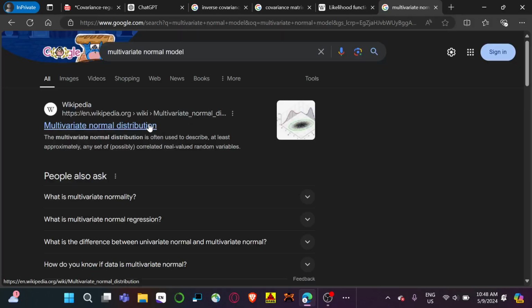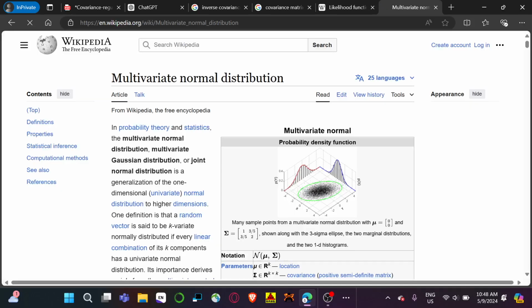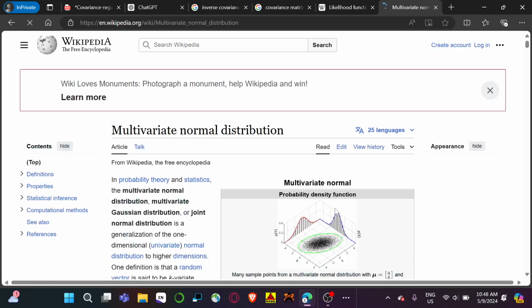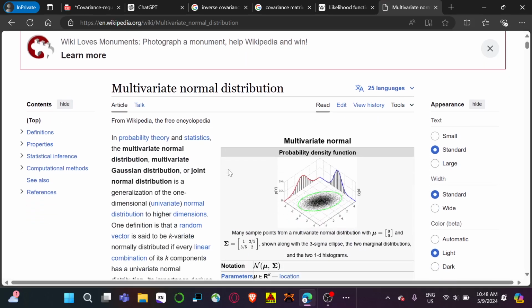Okay, so a multivariate normal model, I would assume, has to do with the multivariate normal distribution, which looks something like this. If you imagine a Gaussian distribution, but in more than one dimension, that's what you get, a multivariate normal distribution.